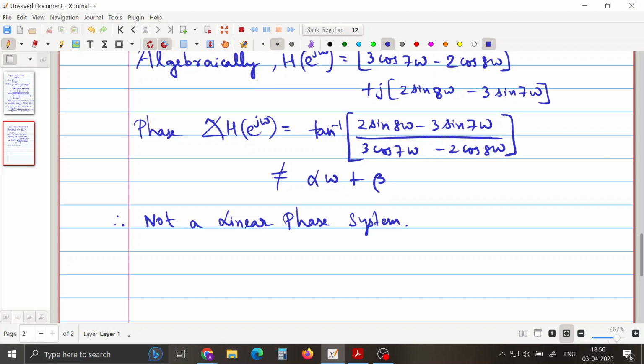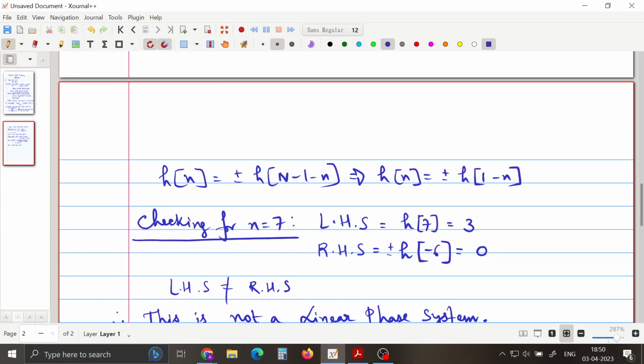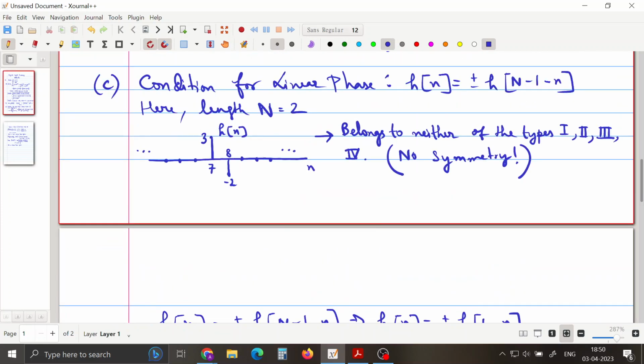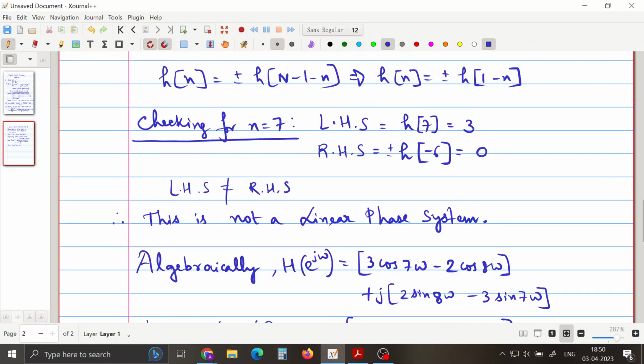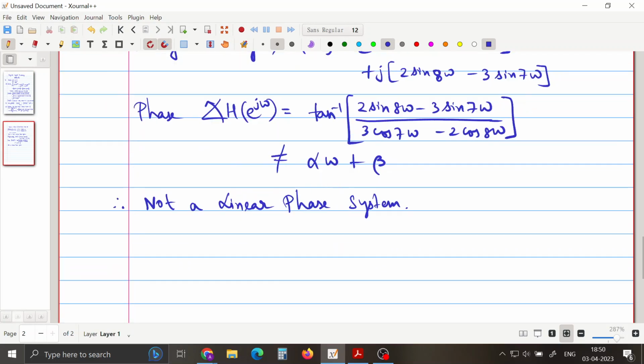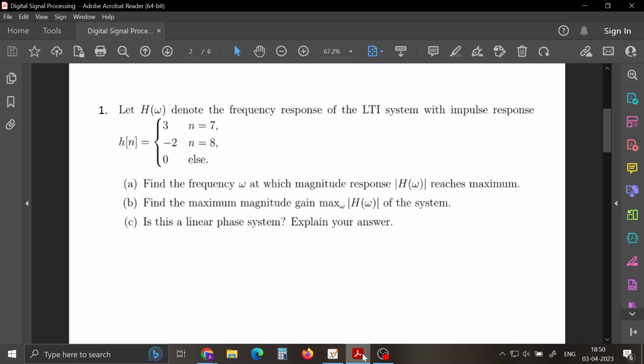Okay, so we have looked at this part C in multiple directions, just to convince ourselves that yes, our conclusion is correct. So hopefully it was clear. So that's it. Question number 1 is done.